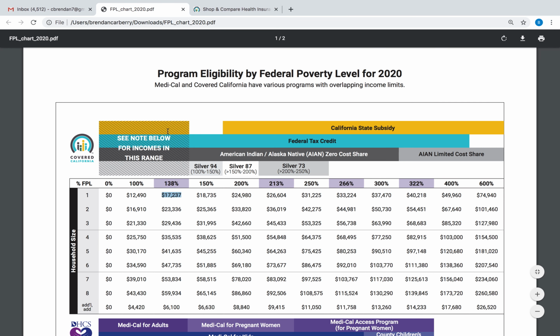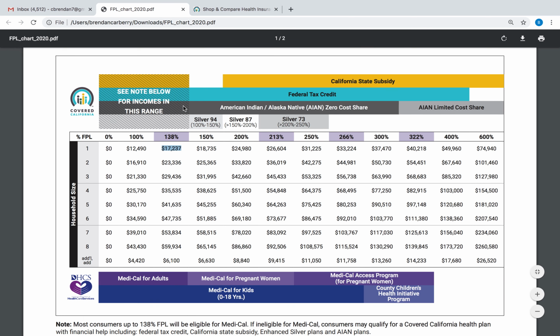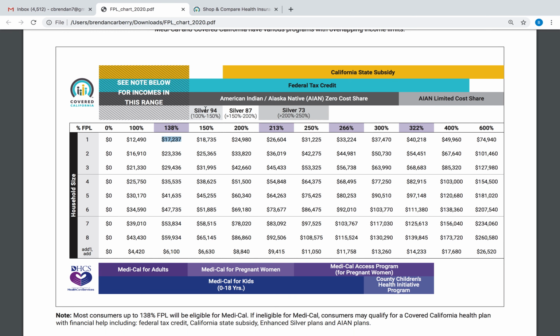So if you go back to your chart here, the silver 94 is the one that we talked about, and the silver 94 goes between 17,237 and 18,735. The silver 87 will go between above this number to below this number.